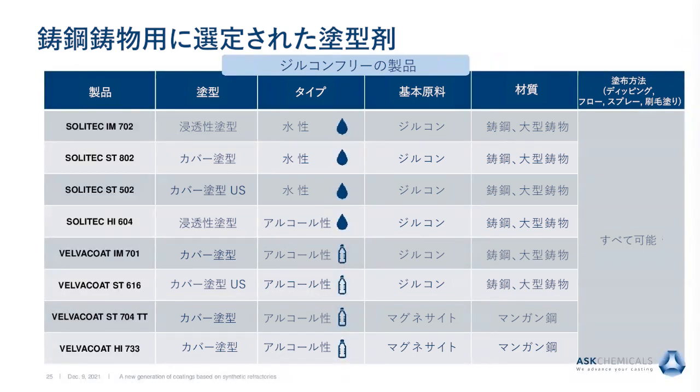We have for heavy iron a Zircon-free Solitec HI604, and the alcohol-based coatings are AM701 impregnation coating based on alcohol, the cover coating ST616, and for the States the ST704TT, and for heavy iron the Velvacoat HI733.